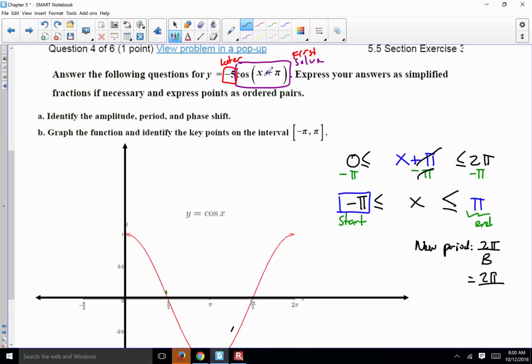What is b? Yeah, it's the number in front of x. It didn't change. It's still 1. Like cosine x had 1. This is still cosine 1x. So the period does not change.